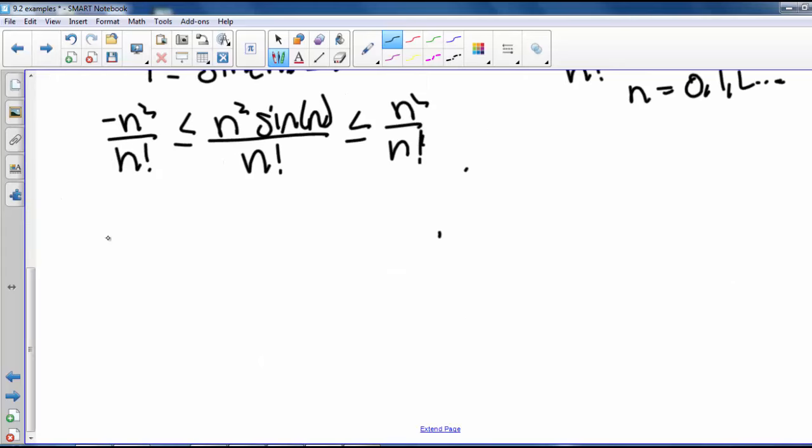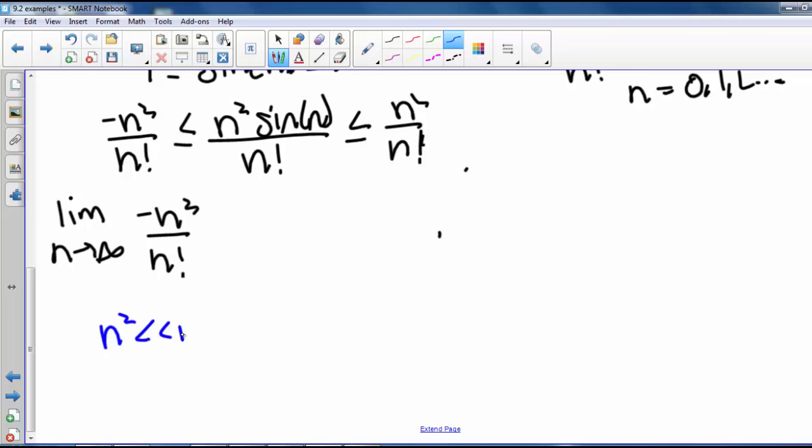So looking at the sides, the limit as n goes to infinity of negative n squared over n factorial, we can use our growth rates for this one. n squared grows slower than n factorial, so that means that this limit is 0.